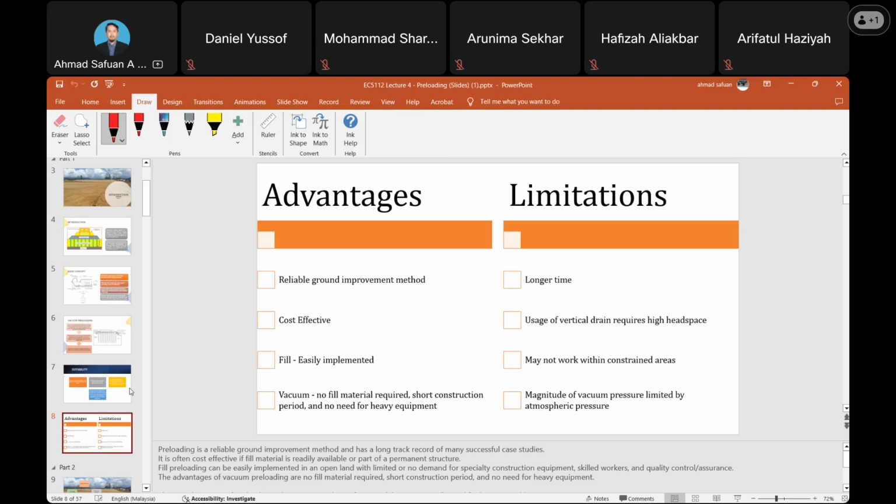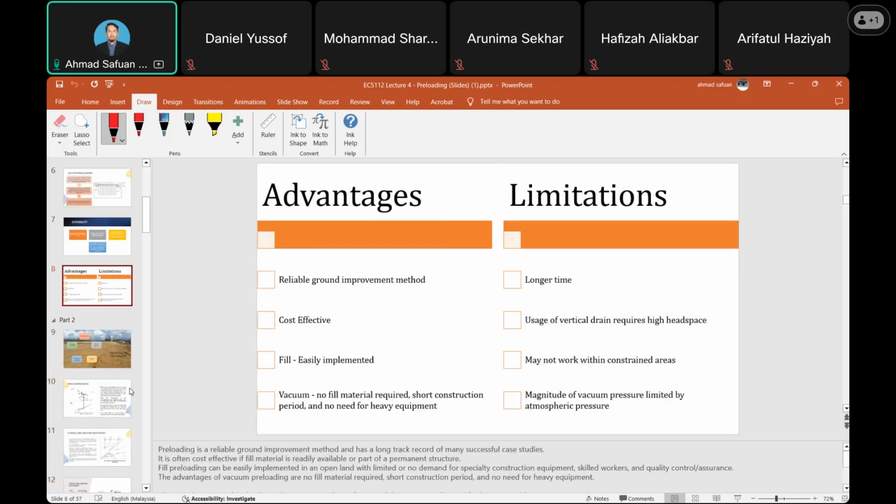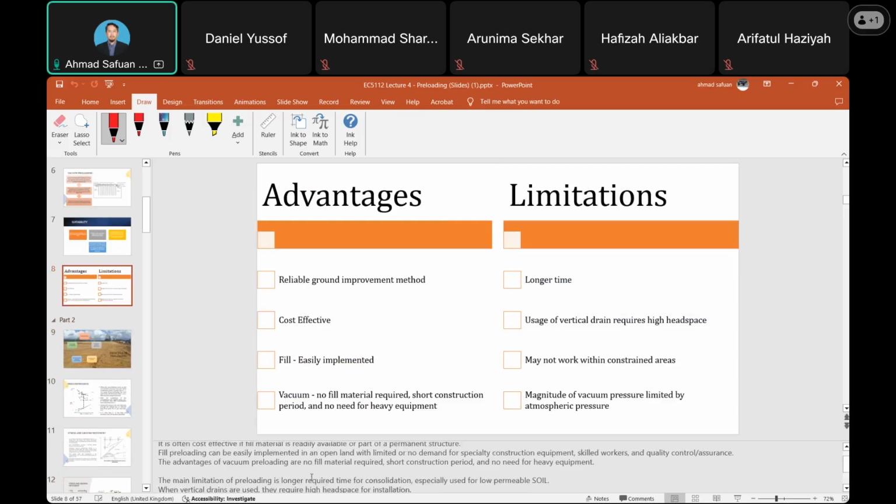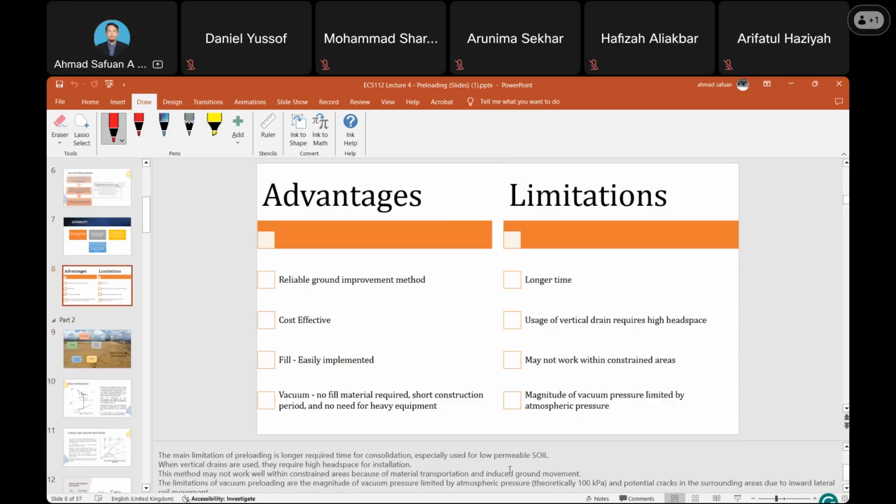Now we look at the limitations of the preloading methods. The main limitation of the preloading is the longer time required for consolidation, especially for low permeable soil.